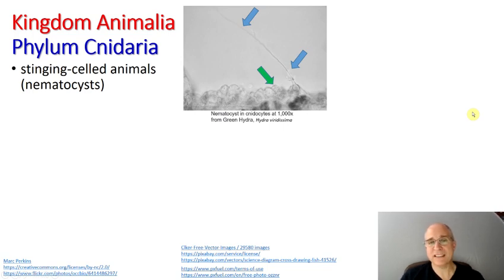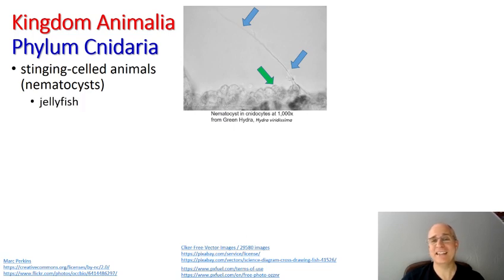Now when the animal detects that there is a prey species next to it, the nematocyst actually penetrates the cell, goes out, and will jab into the prey animal, injecting poison, and that can then be used to reel in the food. So pretty cool stuff here.